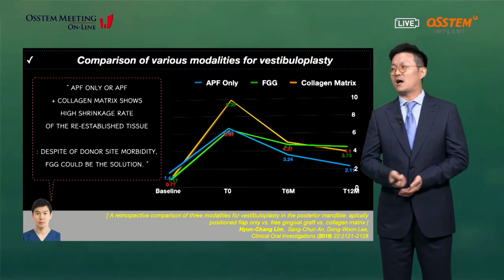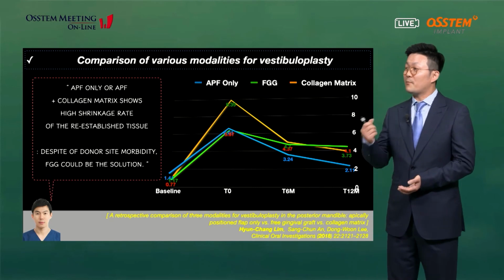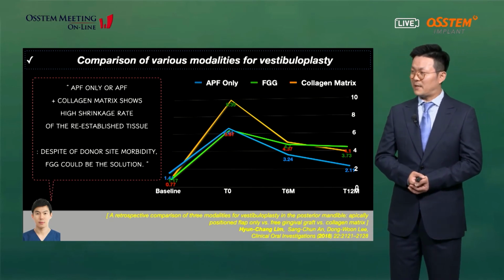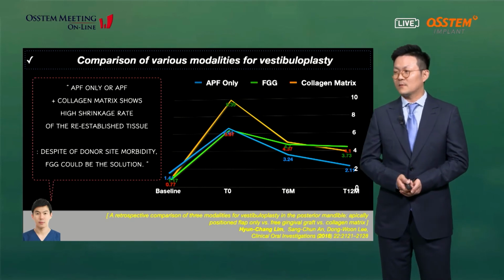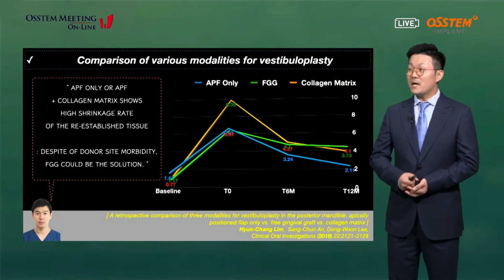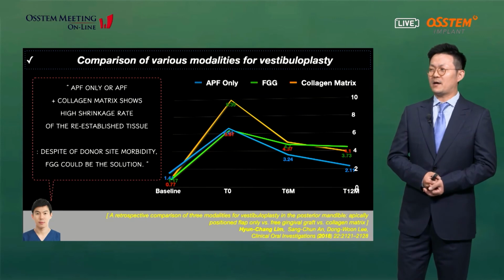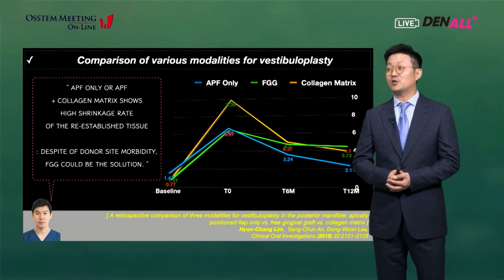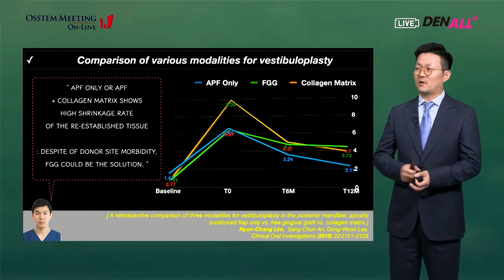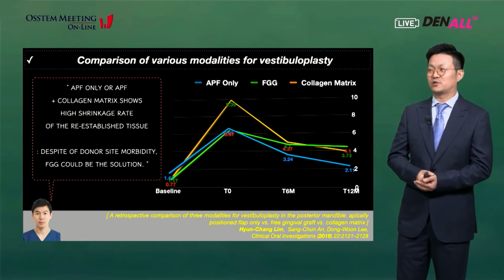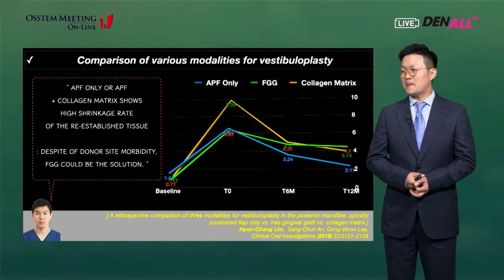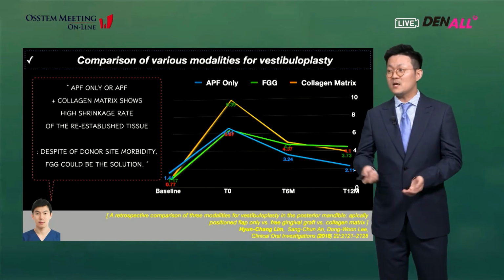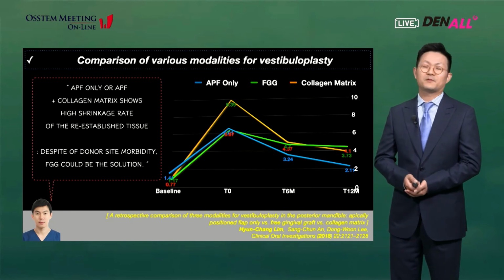This is another article about the comparison of various modalities for vestibuloplasty. He told that APF only or APF and collagen matrix technique shows a high shrinkage rate of the established tissue. So he suggests that despite donor side morbidity, free gingiva graft can be the solution.